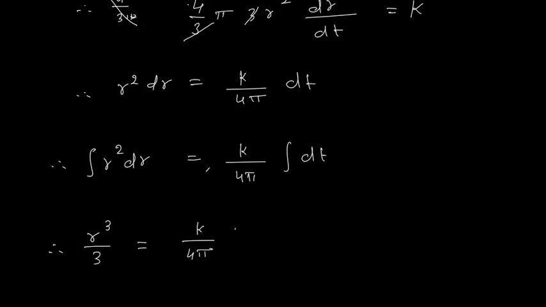Integration of t is t, plus there is some constant c. So now two unknowns are there, one is k and one is c.